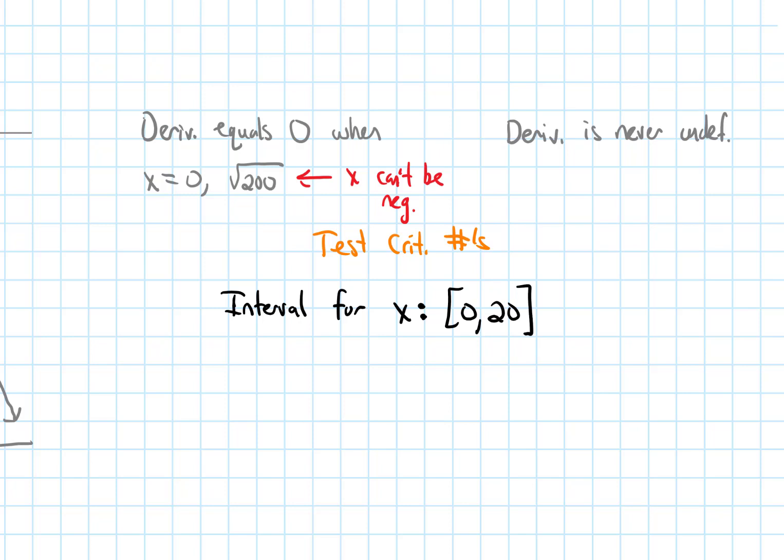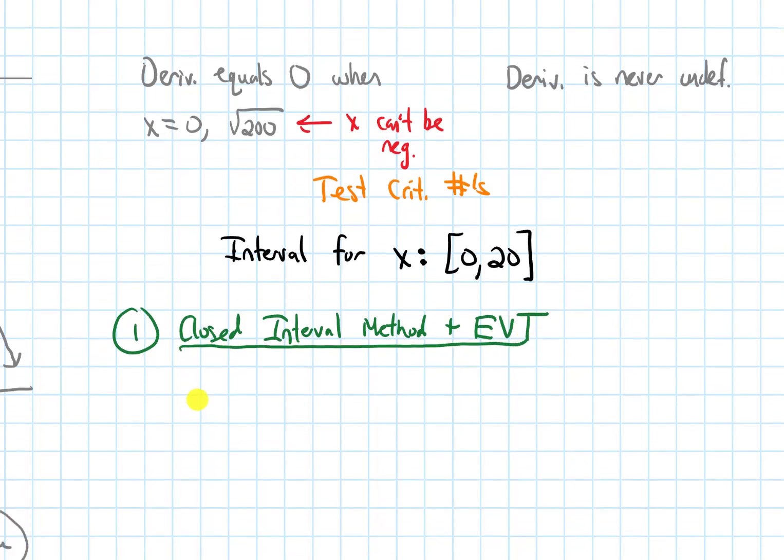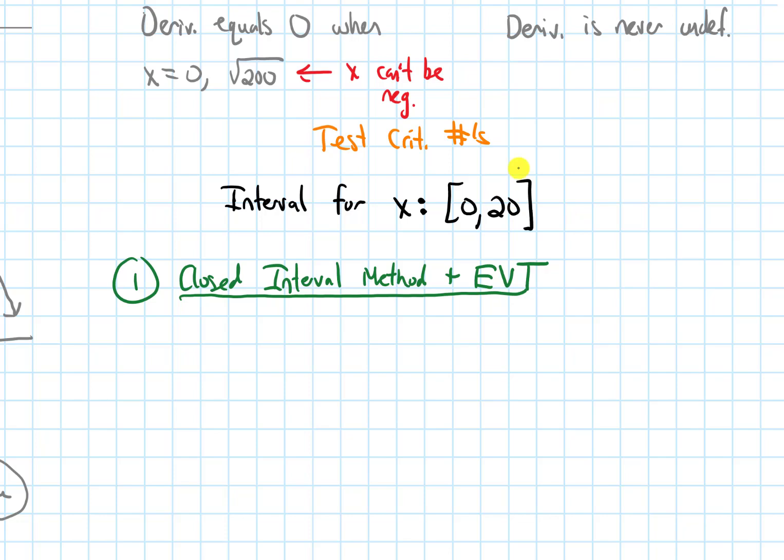Okay, so I'm going to use the closed interval method, which we had called our first method for testing. That involves the extreme value theorem. The idea there was you take your endpoints as well as your critical numbers, and you plug them into the original function to see what the biggest output is and what the smallest output is.